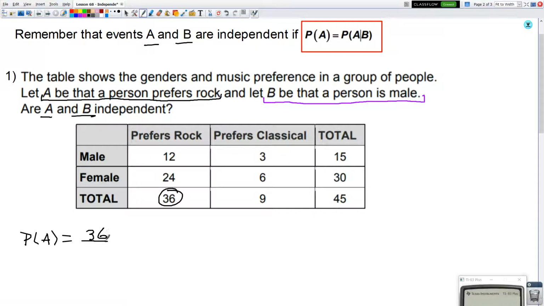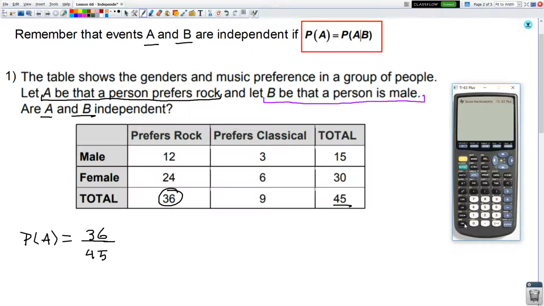There are 36 individuals who prefer rock, and there's a total of 45 individuals in this two-way frequency table. So the probability is 36 divided by 45, which is 0.8, and if we want the percentage, we multiply by 100, and this is 80%. Okay, so know that the probability of A, we can find it this way.